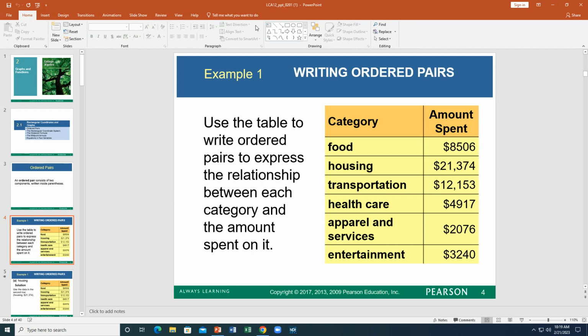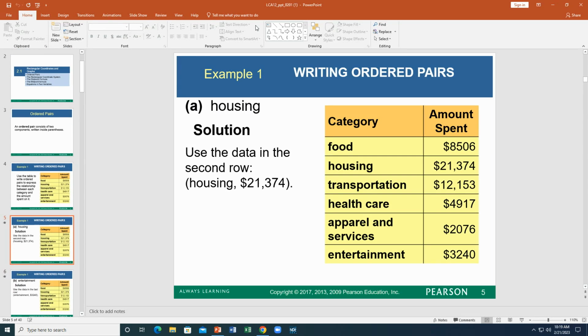So if you want to write them as an ordered pair, you start with parentheses, food, comma, 8506. Are you with me? Then parentheses, housing, comma, 21,374. So it's simple. Look here.